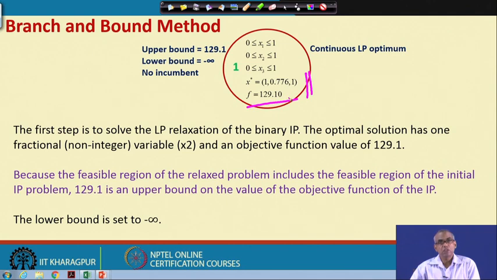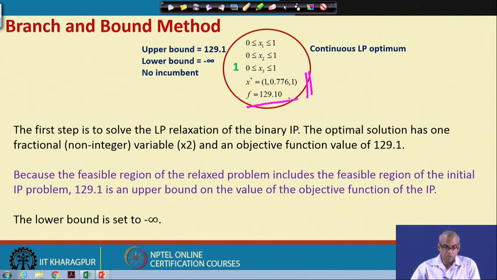So, the integer programming problem has restrictions on decision variables as either 0 or 1, and the linear programming problem has anywhere between 0 and 1. So, the feasible region of the relaxed problem, that is the linear programming problem, includes the feasible region of the original integer programming problem.